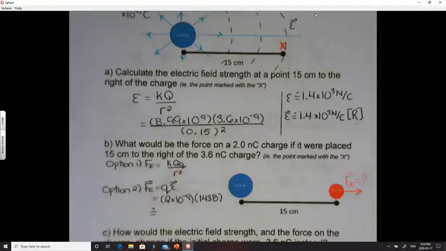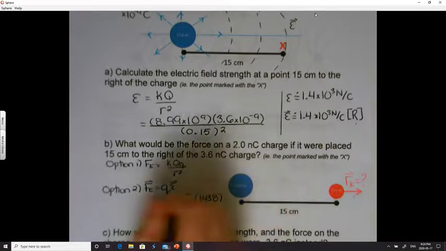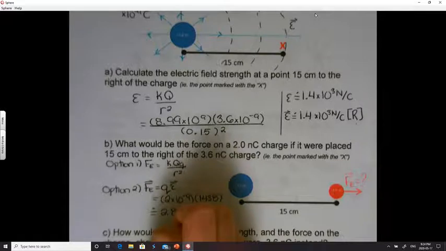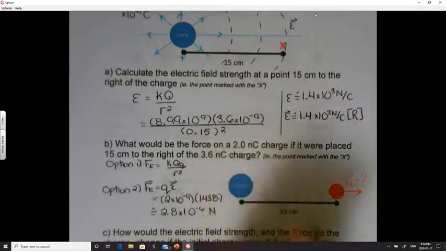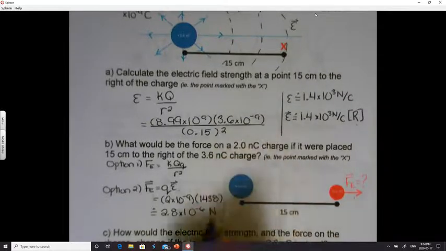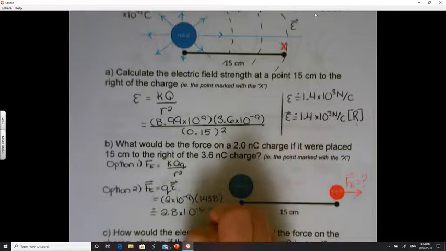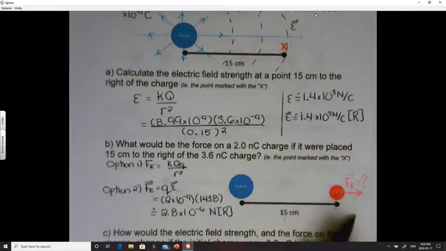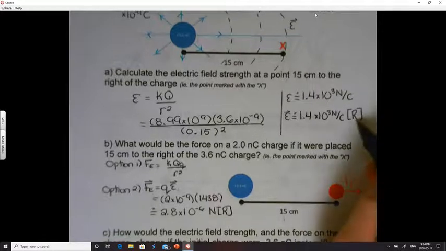And this is going to give us about, the same idea here, if we wanted to round, 2.8. So the per coulomb is gone because we've multiplied it by coulombs, and we're left with newtons, and our direction would be towards the right, which we can either use the law of electric charges for or the direction from our electric field strength.